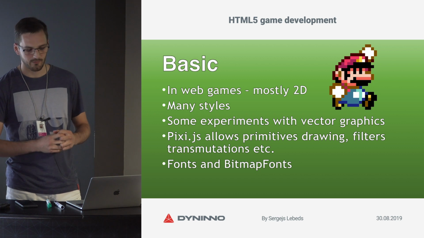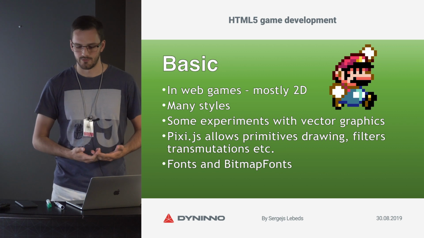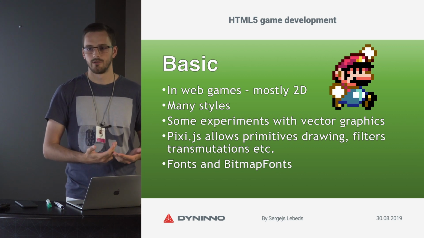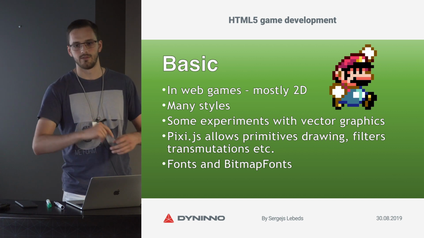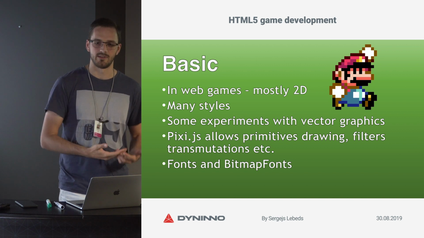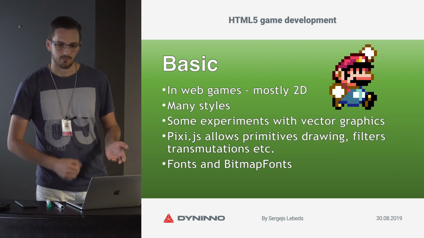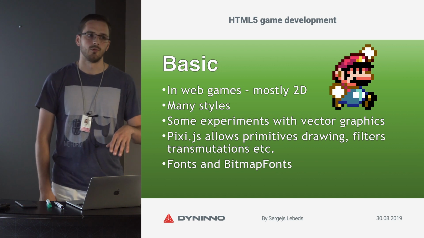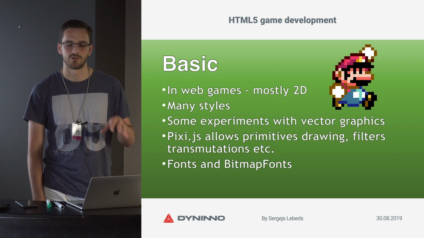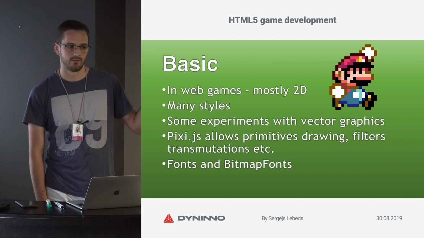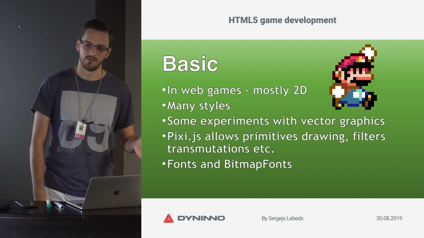Well, bitmap fonts is basically when you create your own font using raster images. You can draw letters and tell a program that this is A, this is B, this is C, and so on. And you will have a dynamic text that will look as if it is drawn, but it is dynamic. But there is a downside for this. If you are translating your game to any other language, you need to keep in mind that some languages have special characters, like umlaut in German, and you need to draw them as well.